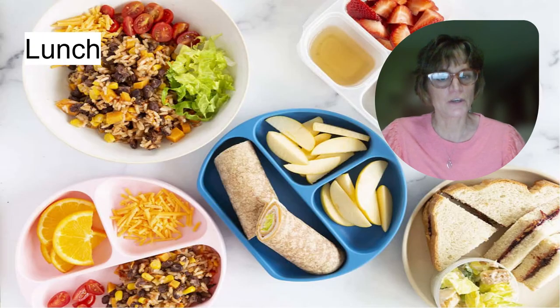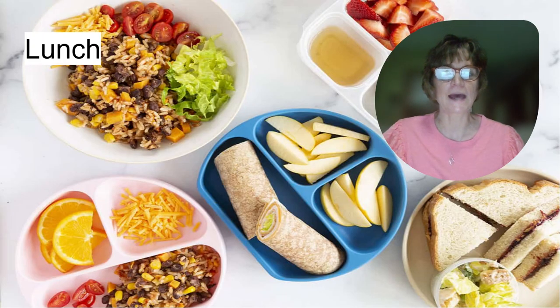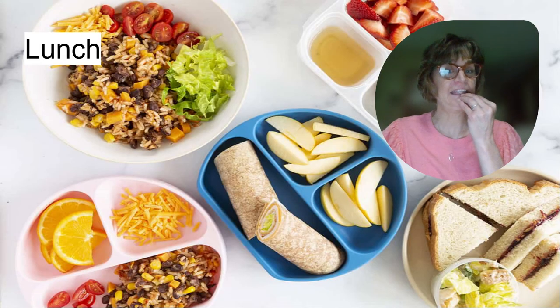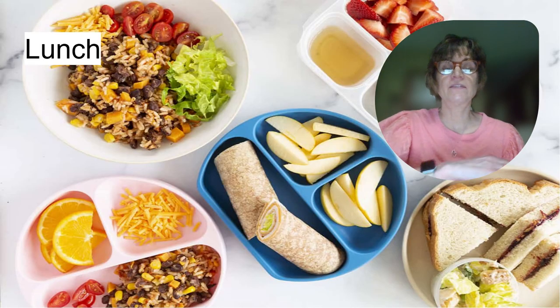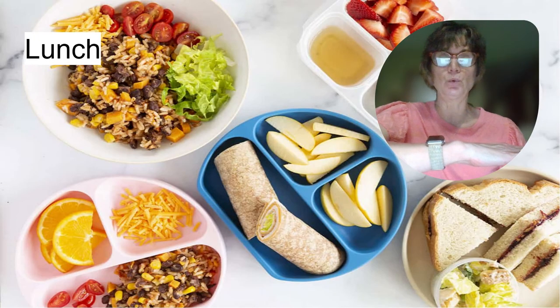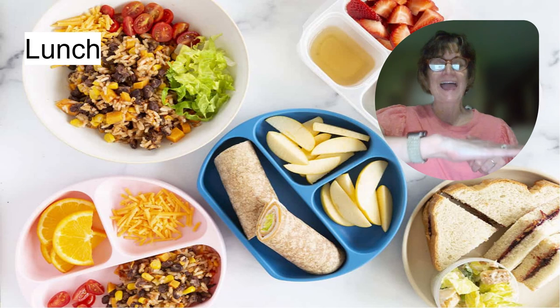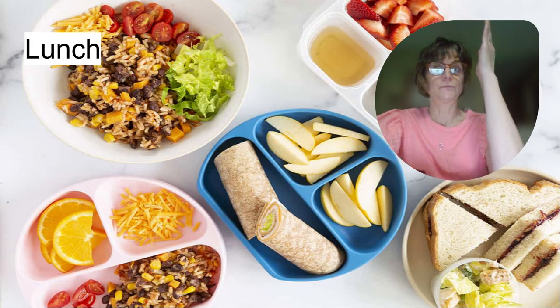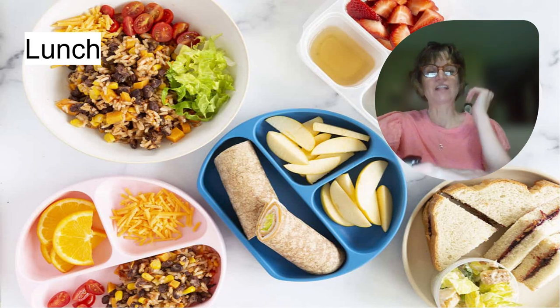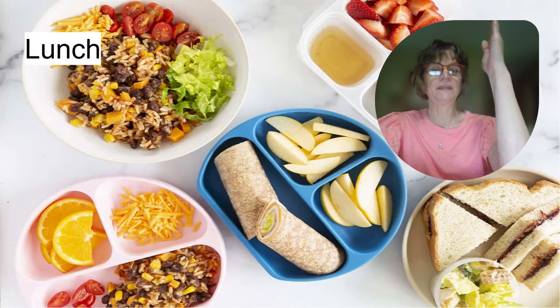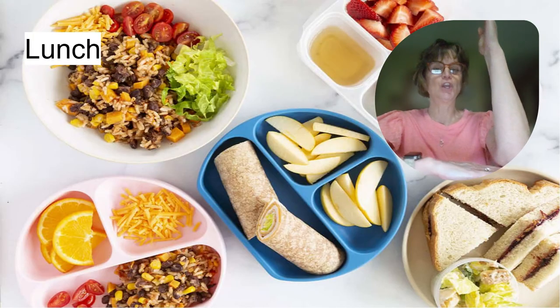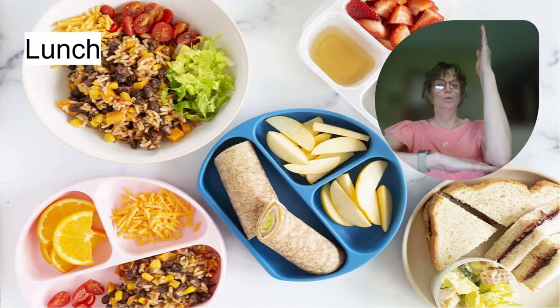Lunch. There's a couple of different ways to sign lunch. The first way is to say eat, and then this time we're going to say noon. Your non-dominant hand will be laying flat, and your dominant hand will be on top, laying flat, and that is noon.